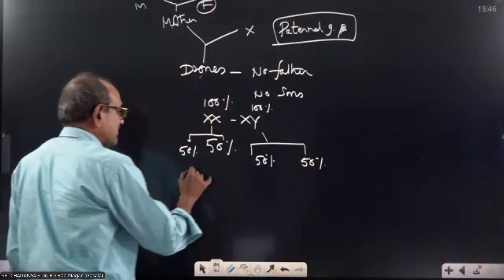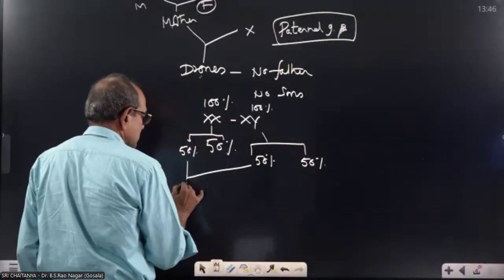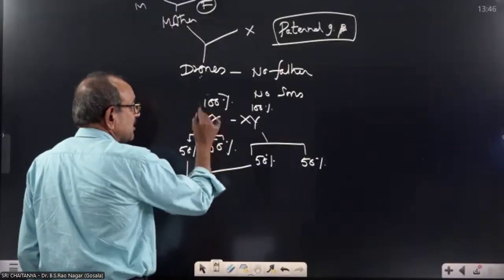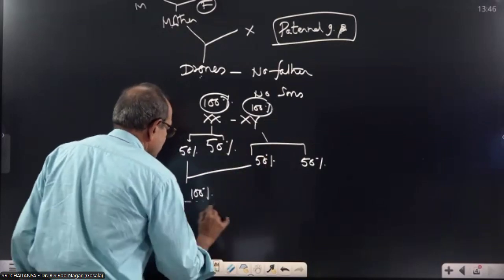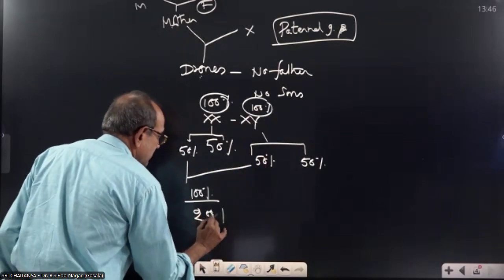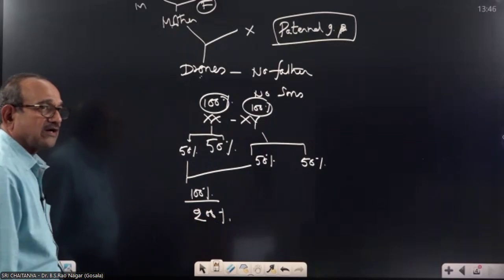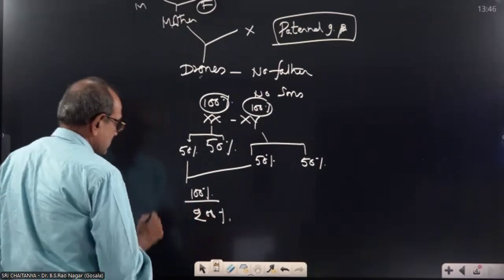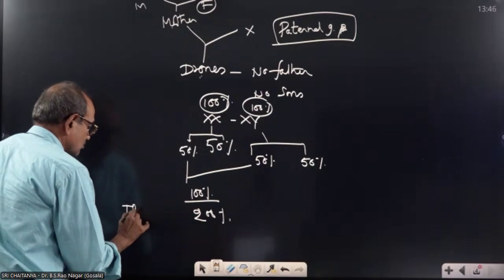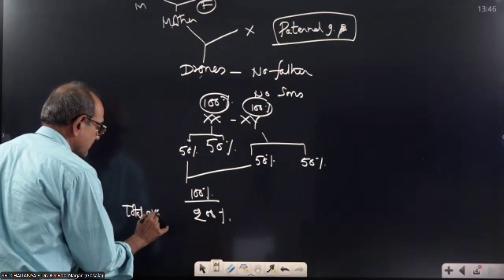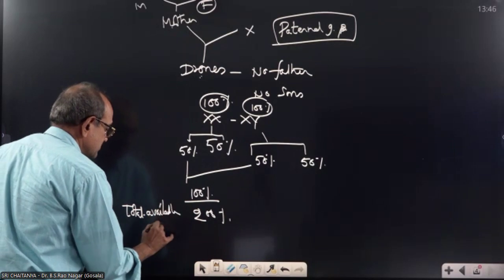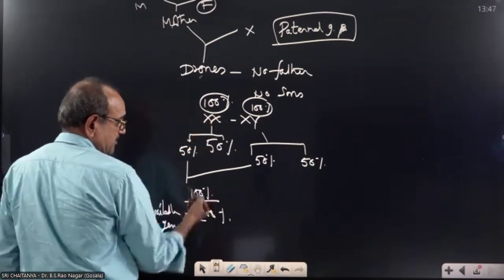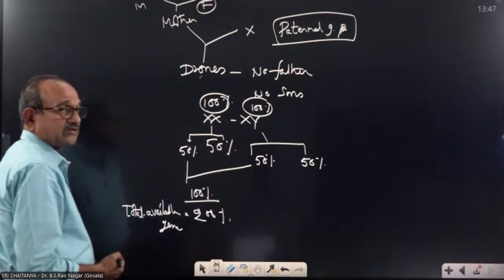At the time of fertilization, the gametes fuse, so they restore 100%, but out of 200. The total number of available genes is 200, but the progeny gets only 100. That is, total available genes 200: 100% from mother, 100% from father.